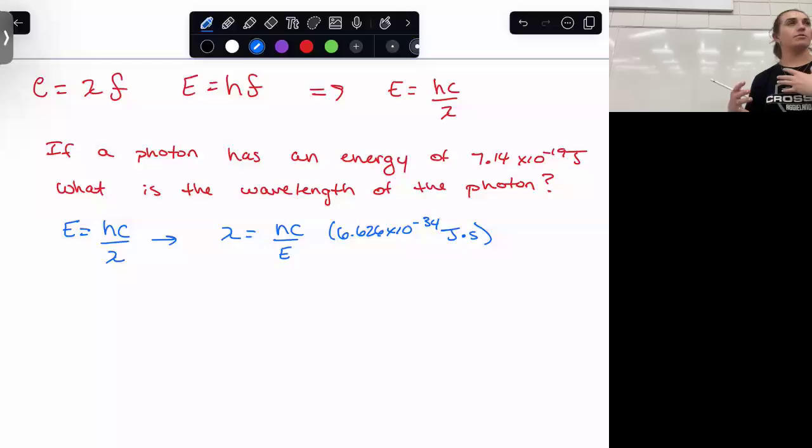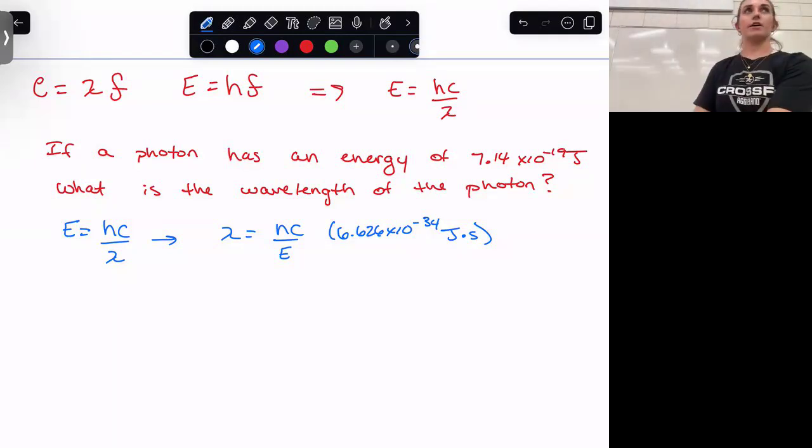If we look at the energy is equal to Planck's constant times the frequency, energy is always going to be in joules here. And then what are the units of frequency? Hertz, which is 1/seconds. So if we have a constant, those units need to help us get to our final answer. So joules times seconds, seconds being in the numerator would cancel out with the seconds from the frequency. So we're left with joules.